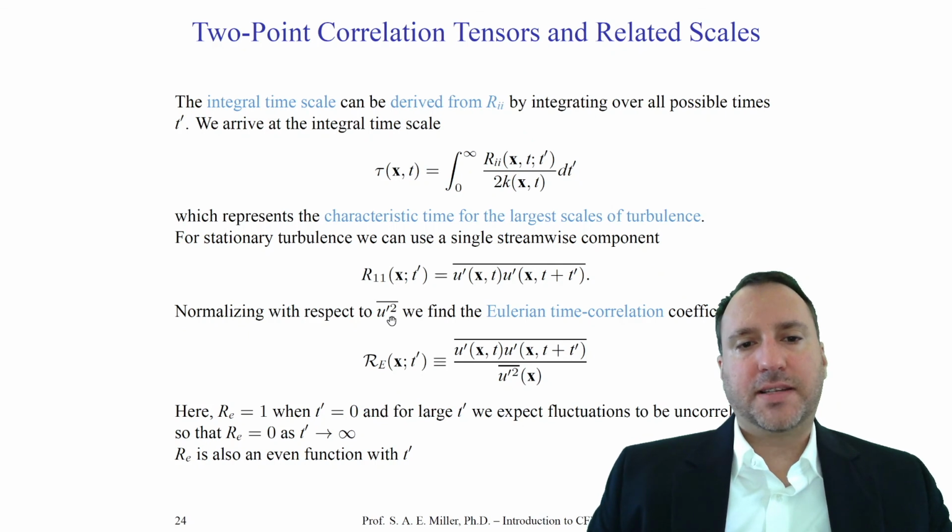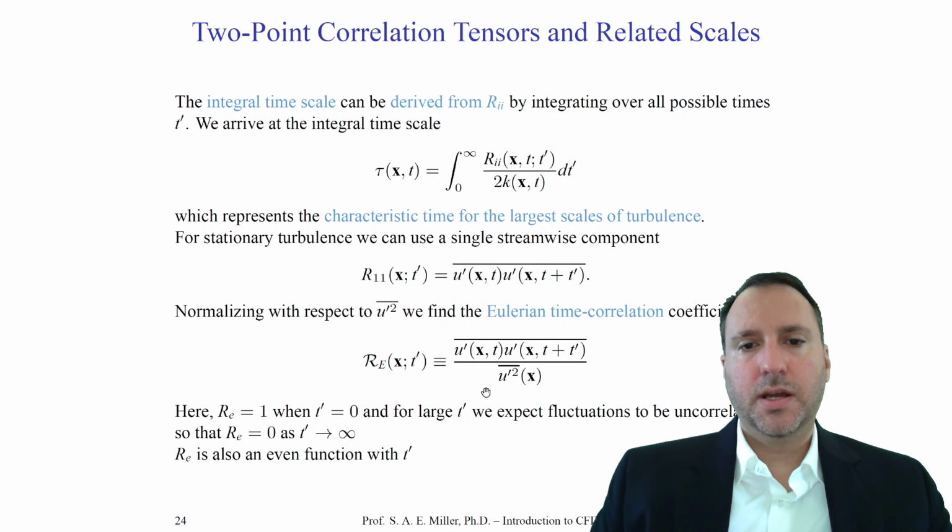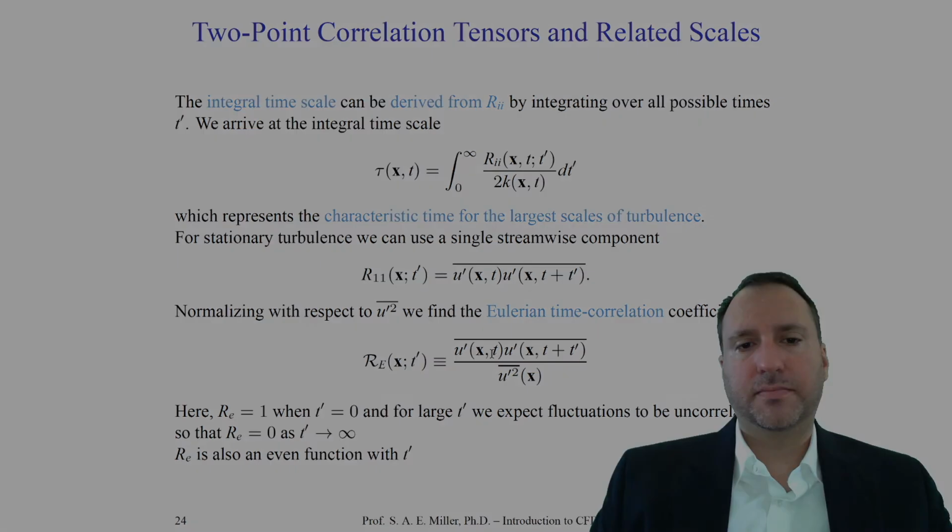Now, if we normalize this with respect to the mean square fluctuating velocity, we find the so-called Eulerian time correlation, named after none other than Leonhard Euler. Here he appears again. We can substitute this form into our more general form, which we showed up here. The upper part is just, of course, the definition of Rii.